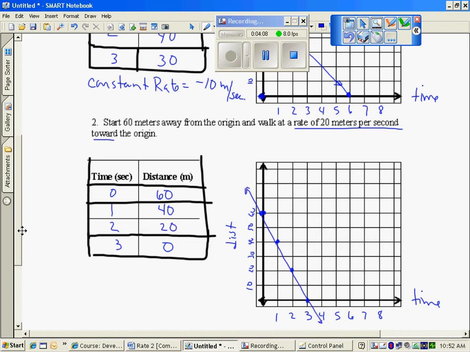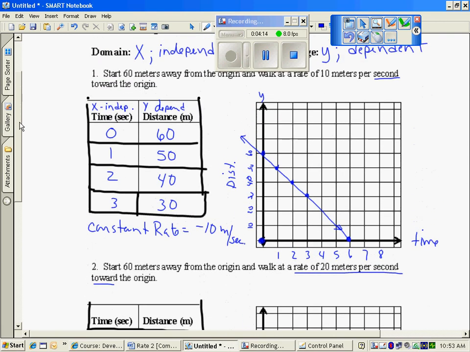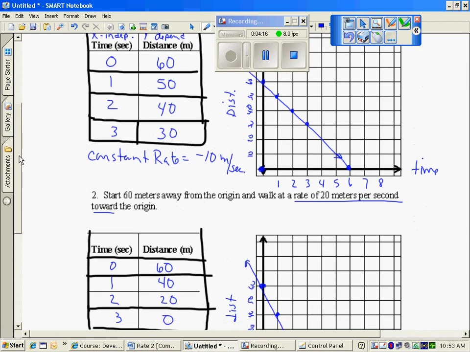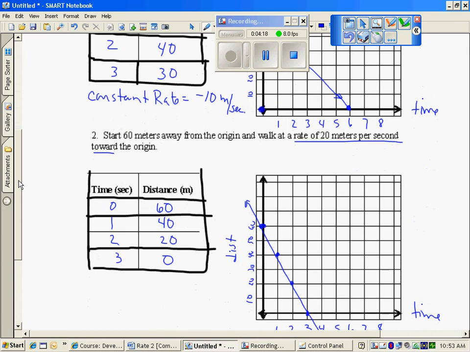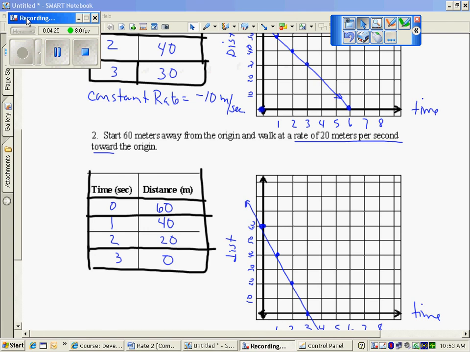Since my axes are scaled the same, if I compare the graph from the beginning function where I was moving at 10 meters per second versus 20 meters per second, you can see the change in the slant. The second graph is much more slanted than the first. So the rate of change is shown in that slant.